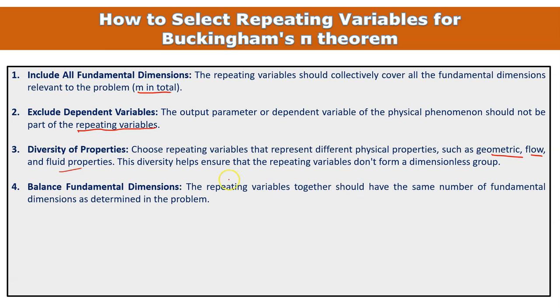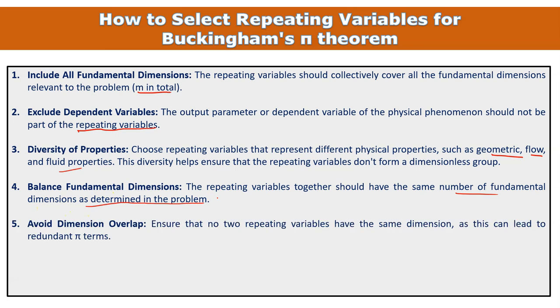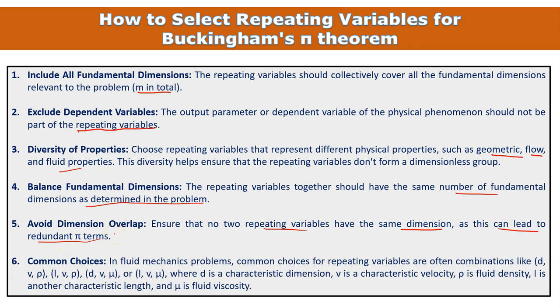Point number 4, balance the fundamental dimensions. The repeating variables together should have the same number of fundamental dimensions as determined in the problem. Avoid dimension overlap. Ensure that no two repeating variables have the same dimension, as this can lead to redundant pi terms. Now common choice, that is very important.